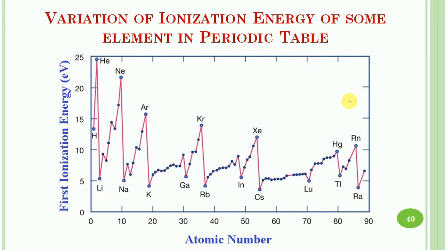It is very much clear from this graph. The noble gases have the maximum ionization enthalpy in the case of s and p orbitals, while group 1, that is the alkali metals, have the minimum ionization energy amongst s and p orbitals.